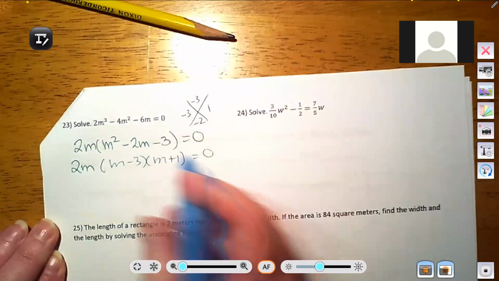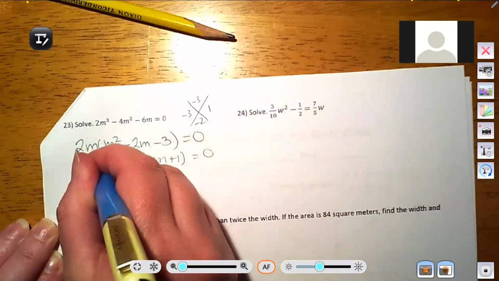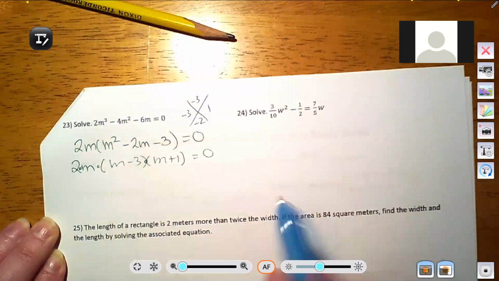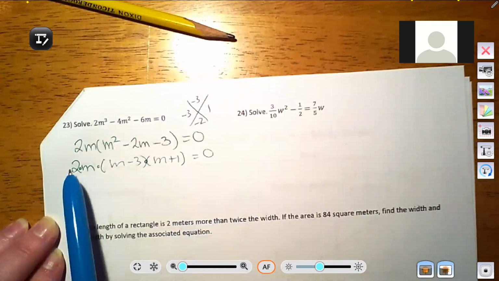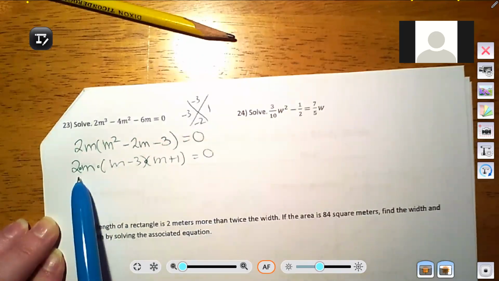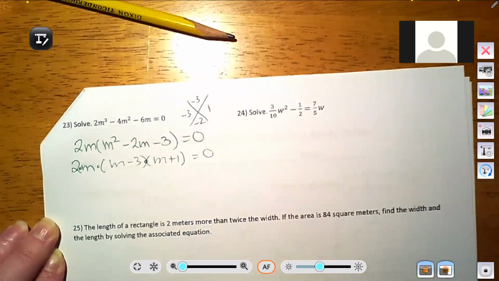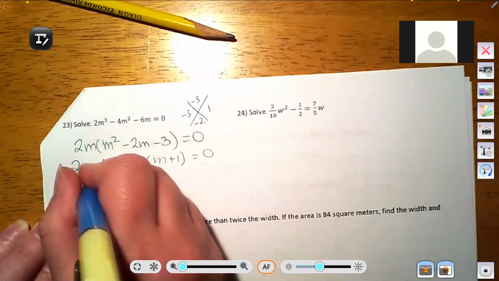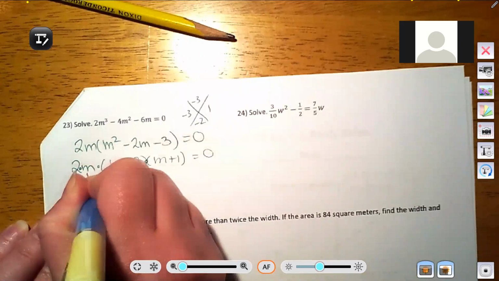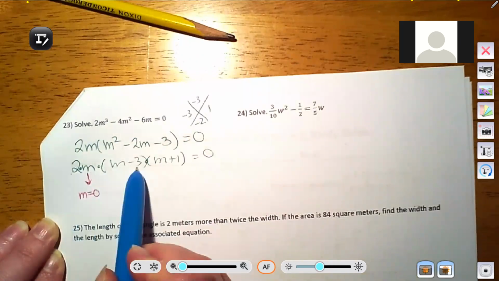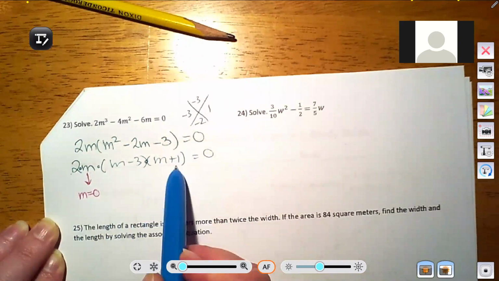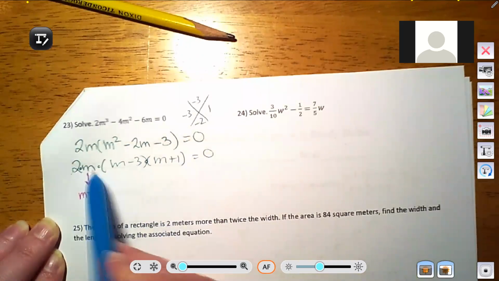And now each factor can be set to 0 to make the equation equal to 0. Any m can be a solution if it makes the expression equal to 0. So if this is 0, I'd have 2 times 0 times negative 3 times 1. But anything times 0 would be 0, so I'd have a solution.